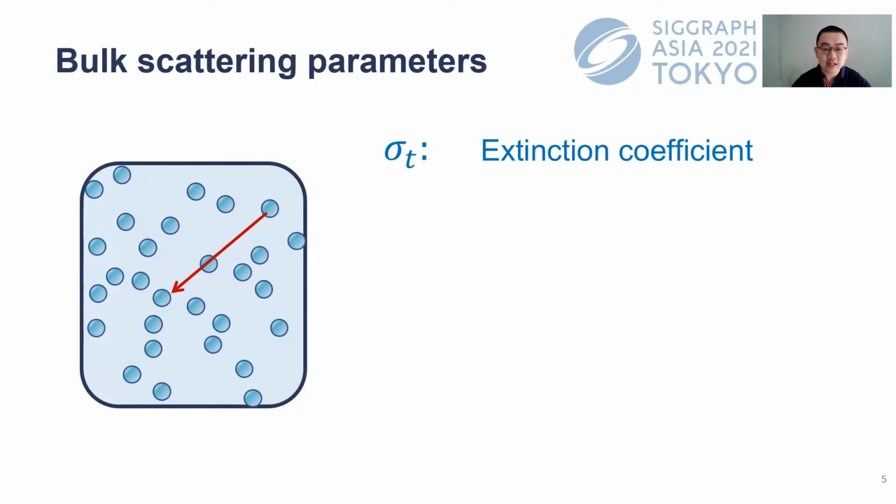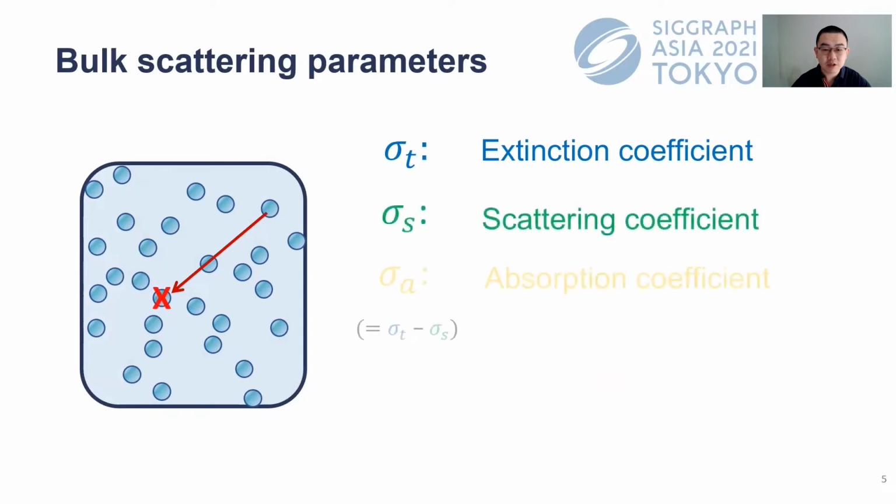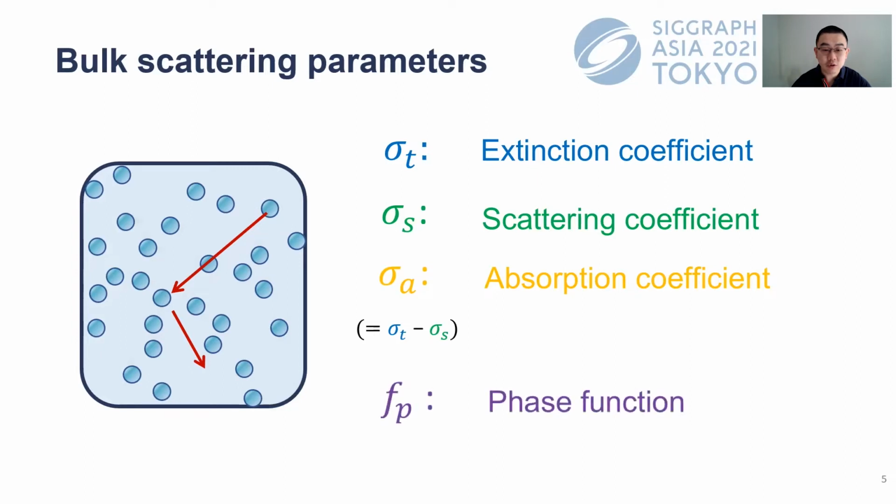When it interacts with the medium, it has a chance to be scattered or absorbed. The scattering and absorption coefficients control how likely this happens. If the particle is not absorbed, it will be scattered into a random direction. The phase function controls the distribution of this new direction.